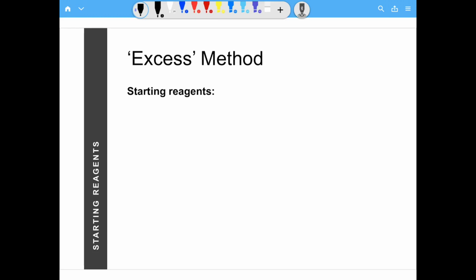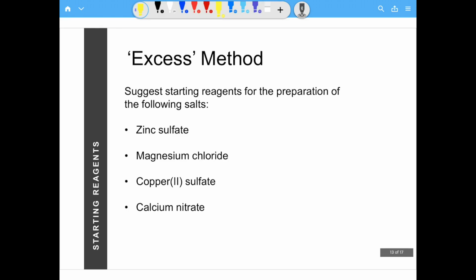Now in the next method, we will look at the excess method. For the excess method, the starting reagents would be an acid plus an excess of an insoluble solid. Bear in mind that in the excess method, you need to mix an acid with an insoluble solid. Let's look at some examples now.